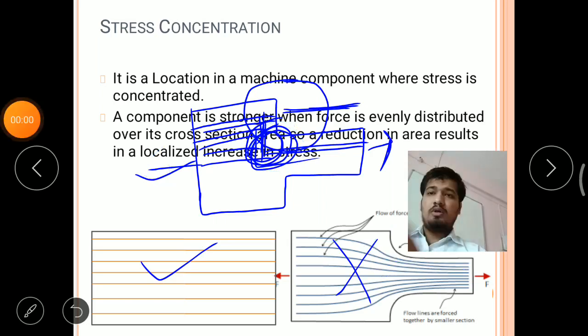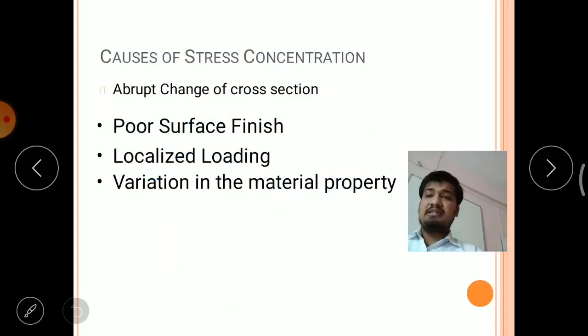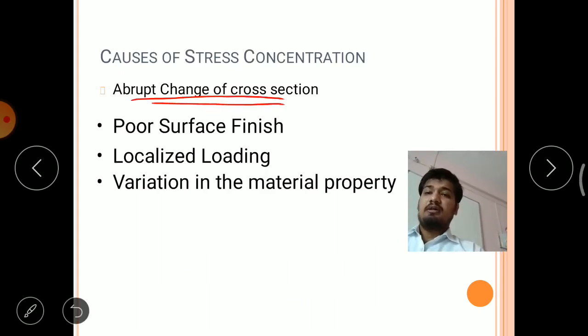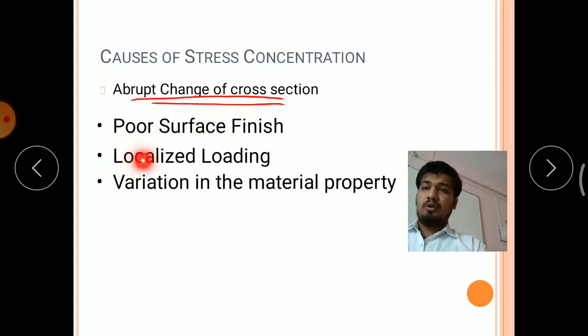Now, besides this abrupt change in section inside the plate, there are different causes for stress concentration. The abrupt change in cross section, then poor surface finish, localized loading, and variation in the material property.